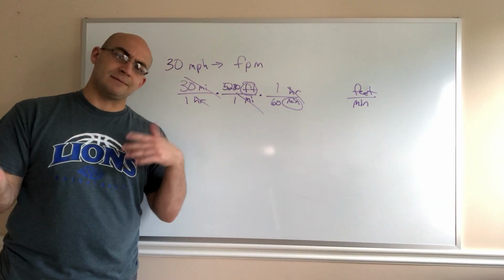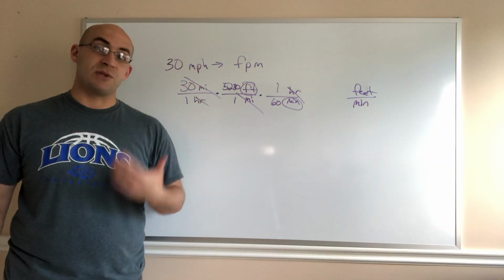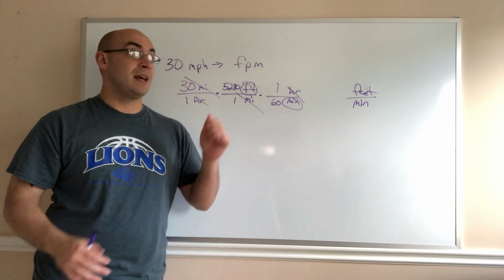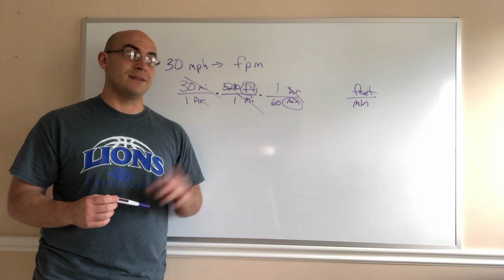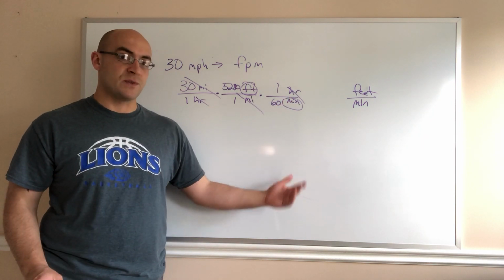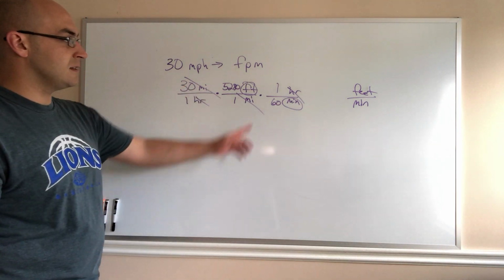So rewind about 6 minutes or so to when I said that sometimes I might ask you to solve an equation, but I might want you to give me an equivalent expression. This might be one of those things too. You're gonna have to recognize what the setup of this would look like as opposed to the answer. So for example, let's go for this answer. It's gonna be 30 times 5,280 divided by 60.